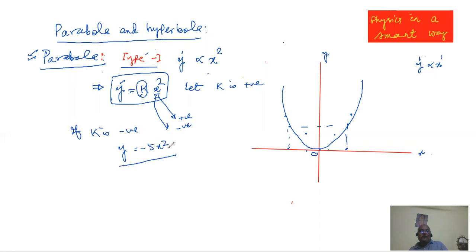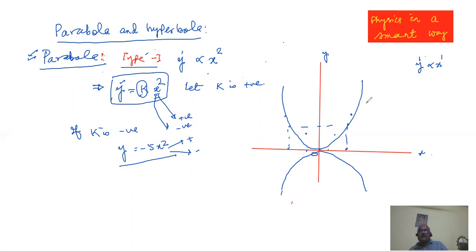Then you put x as plus or x as minus, that doesn't matter. Because k is negative here, you have a minus sign, so the y value will always be negative. So there we'll see that our parabola has become inverted. Because y is negative, the curve is like this, that goes down and down, and the ends never meet.